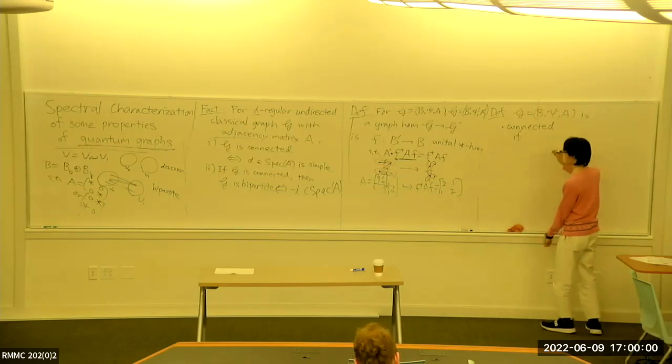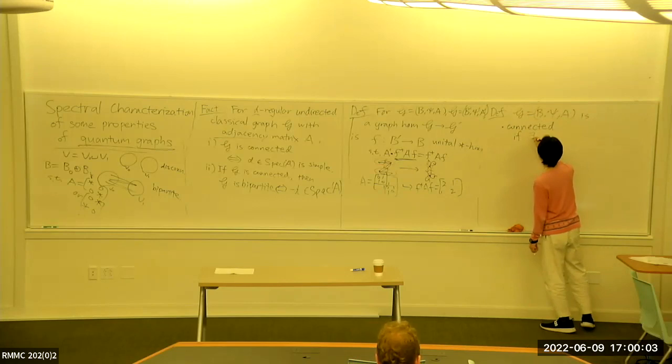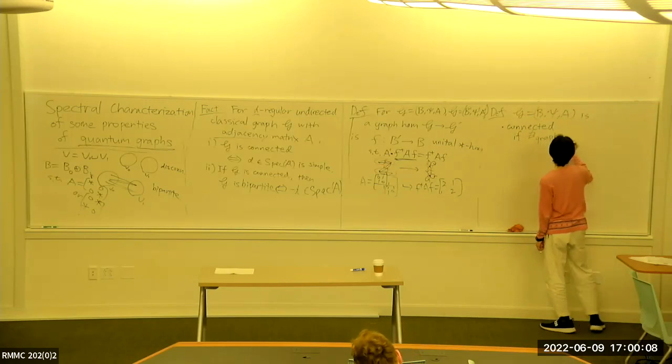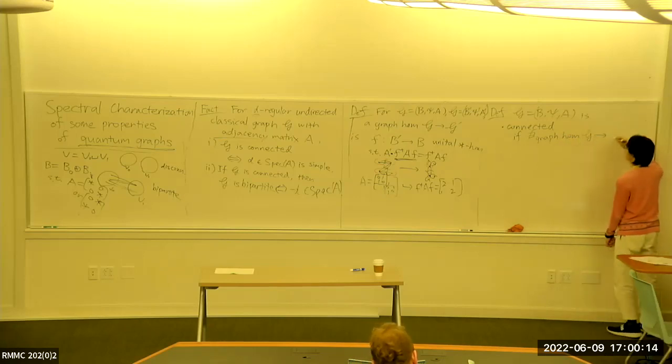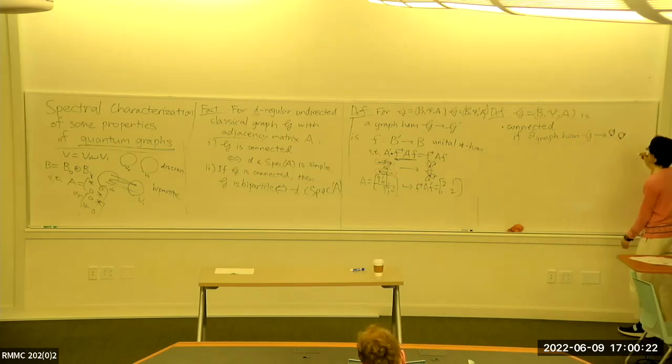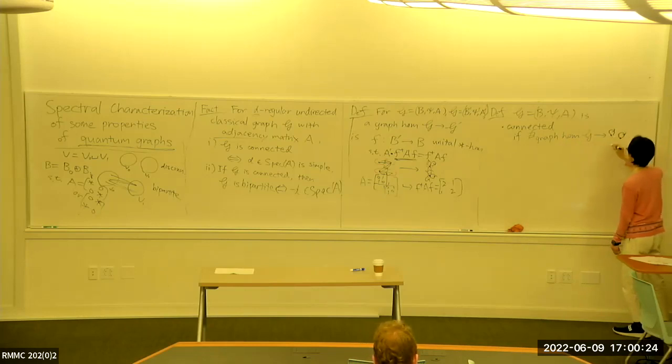The quantum graph is connected if there is no quantum graph homomorphism from G to this classical graph with only self loops on two vertices. Its function space is C2 with the uniform probability measure tau, and the adjacency matrix is the identity, 1, 0, 0, 1.